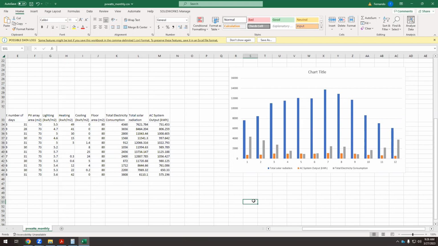Because we are assuming that all our systems are electric, heating, cooling. It would be a great solution if we could use solar collectors, because with solar collectors, we can produce hot water for free. If we produce hot water, we can use a hydronic system. So combining solar collectors and PV panels is a good solution.